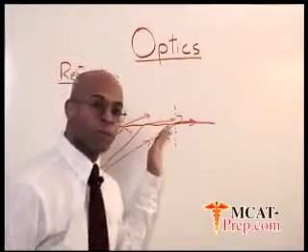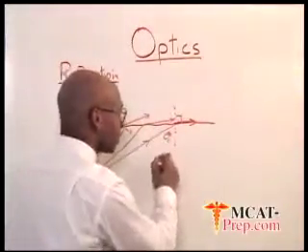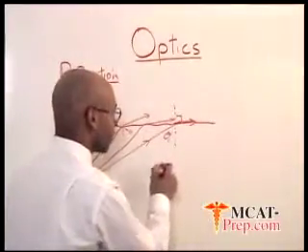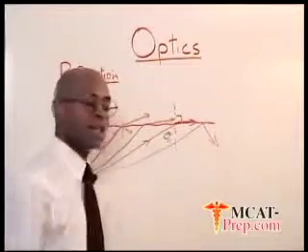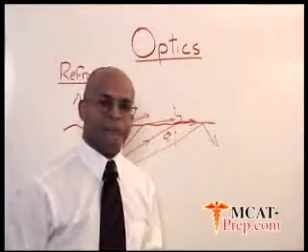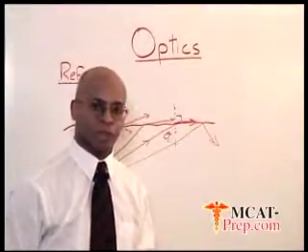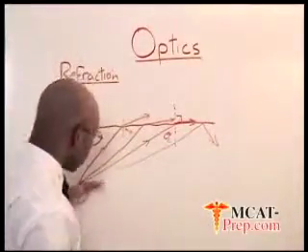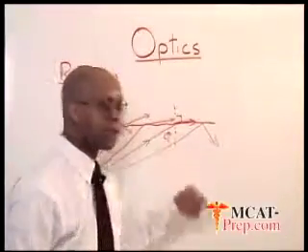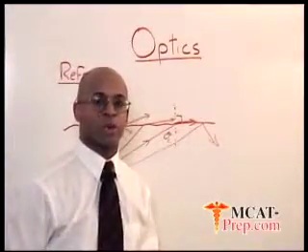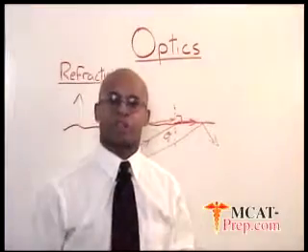Now, if we were to go beyond theta c, just a little bit more, or much further beyond theta c, all light rays would be reflected back into the medium. That's called total internal reflection. All light rays coming from the object would be reflected if the angle of incidence is greater than the critical angle. So now let's put this in practical terms.